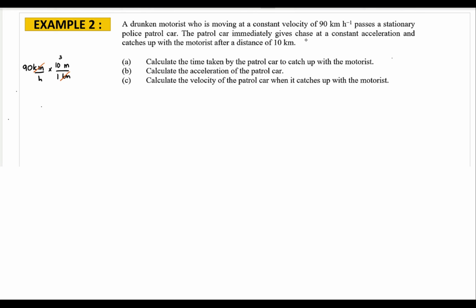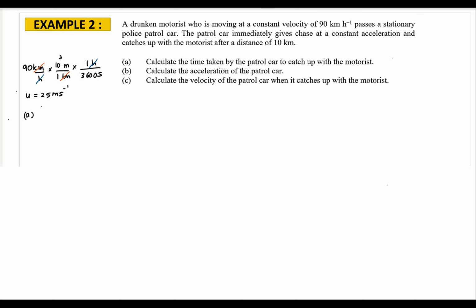Then we can continue to convert hour. 1 hour is equal to 3,600 second. Sama macam tadi, we can cancel hour. And finally, press your calculator. 90 km per hour is equal to 25 meter per second.